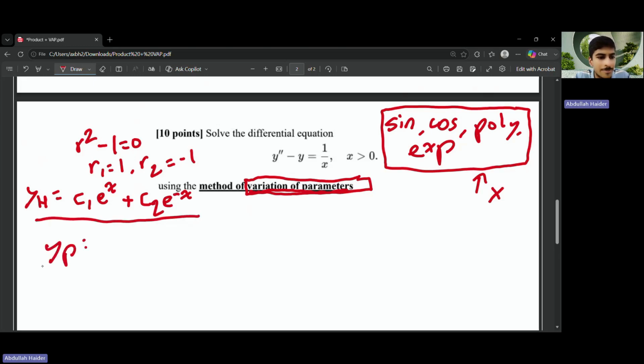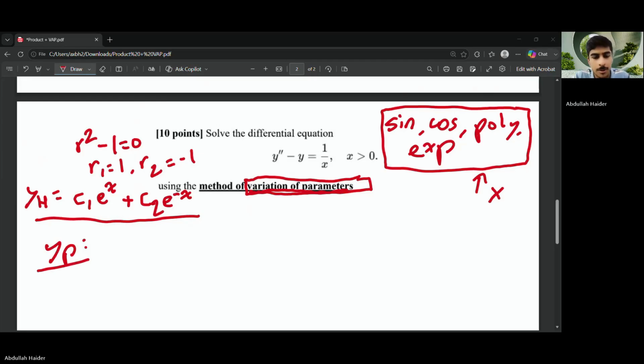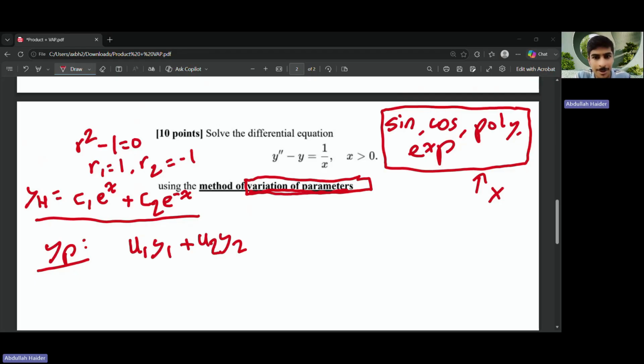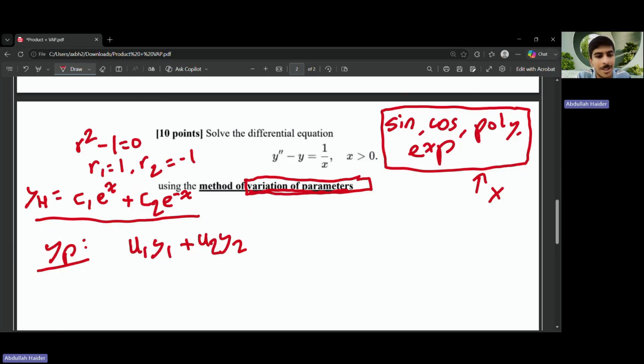Now, how to find YP? In the context of variation of parameters, your YP is going to be U1 Y1 plus U2 Y2. This is how you find it. So this will permanently be your YP for variation of parameters. I will tell you what U1 Y1 and U2 Y2 are in a second.